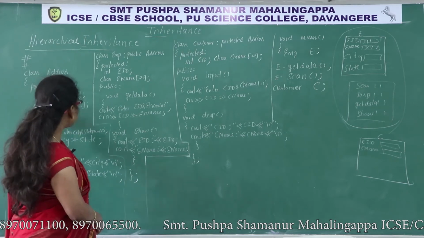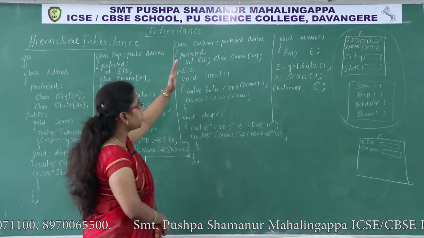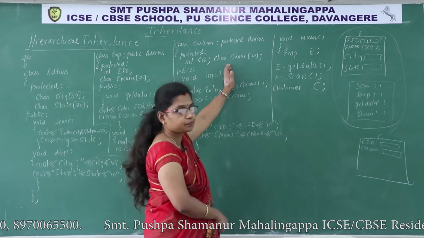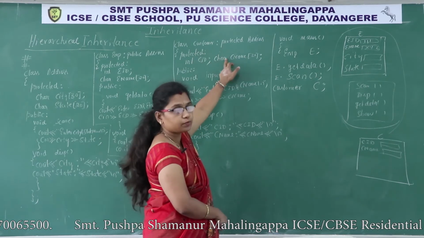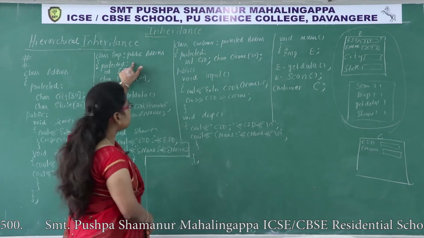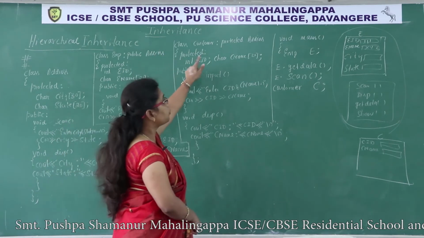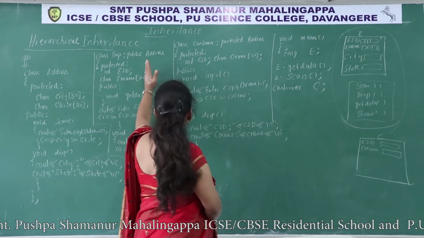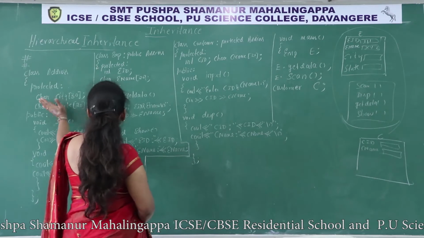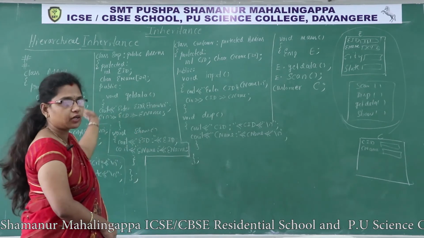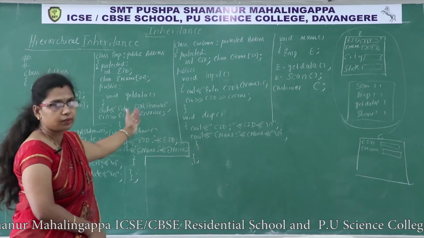These members are inherited to the protected section of the derived class. See here, what you need to observe: this class I have inherited as public mode and this is protected mode. In public mode, protected comes to protected section, public comes to public section.